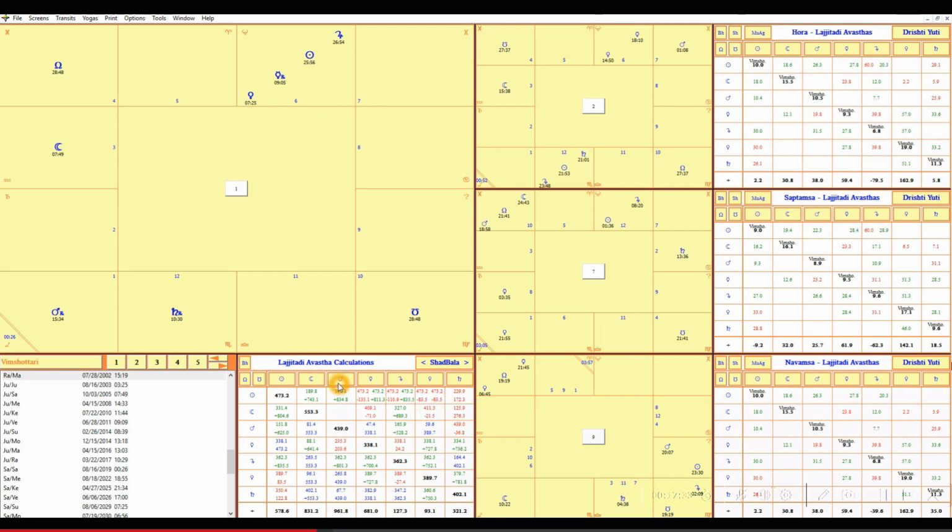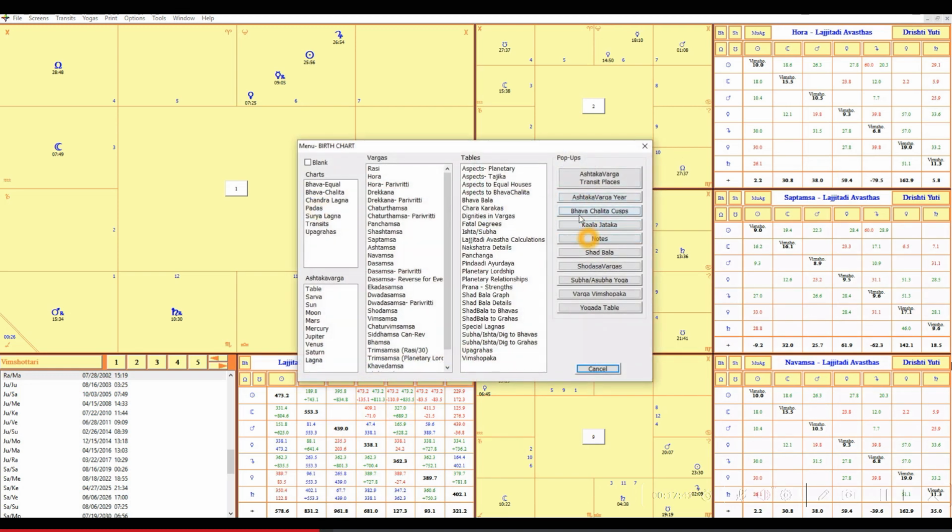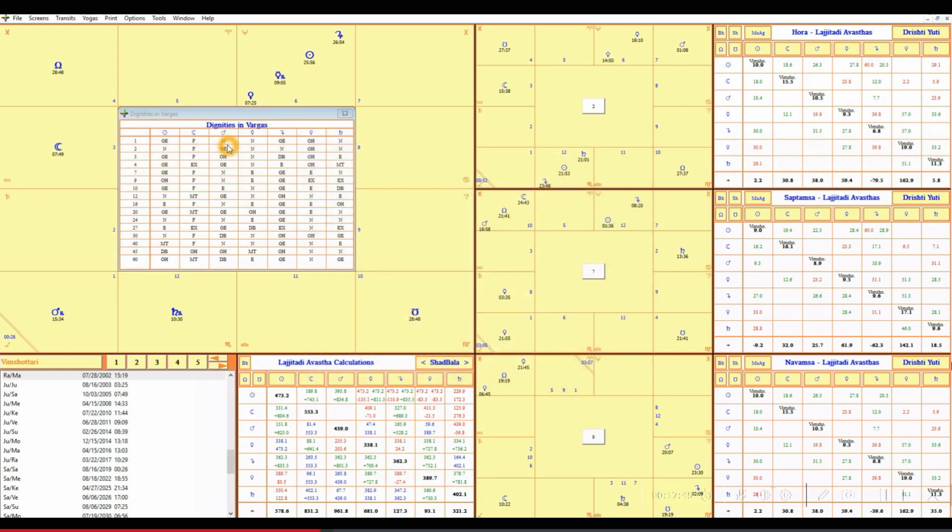Okay? And even a really amazing planet like Mars was 961 points. Again, that planet has a lot of potential, but how is it really going to be doing? Dignities and Vargas. Mars is in own house once, it's debilitated in the D30, it's debilitated in the D60, it's in an enemy sign 1, 2, 3, 4, 5, 6.